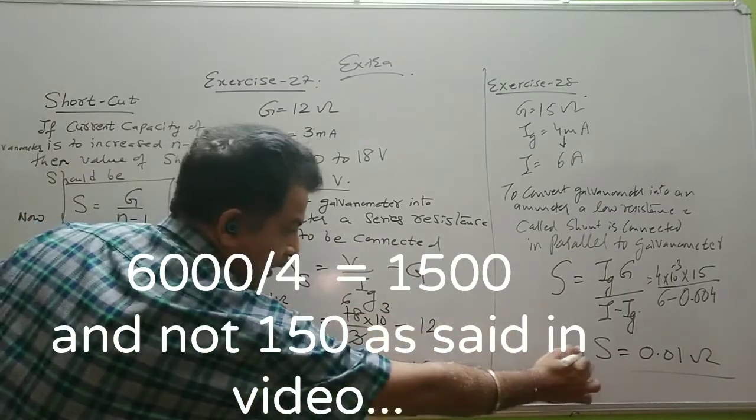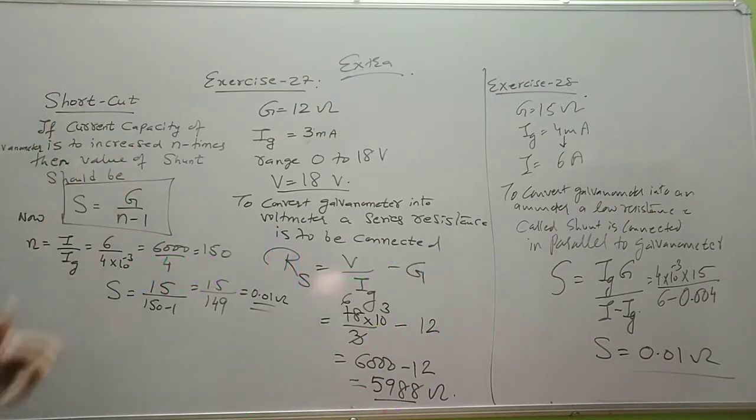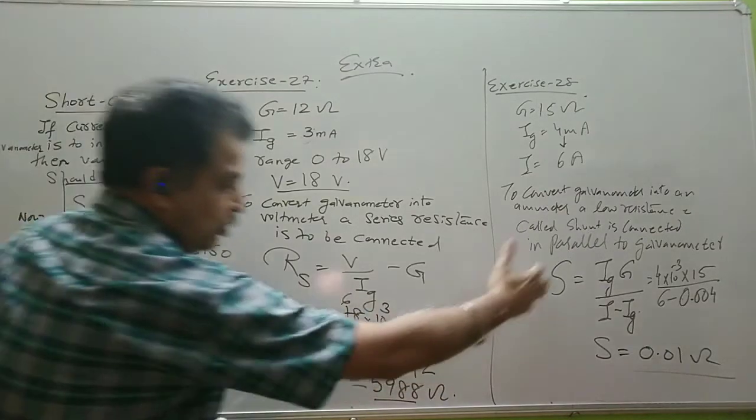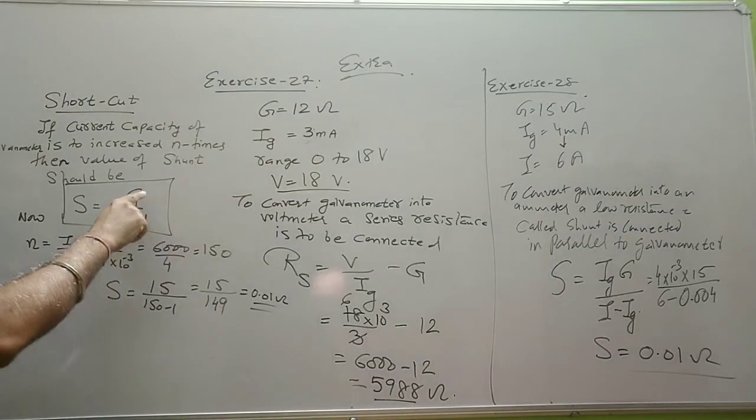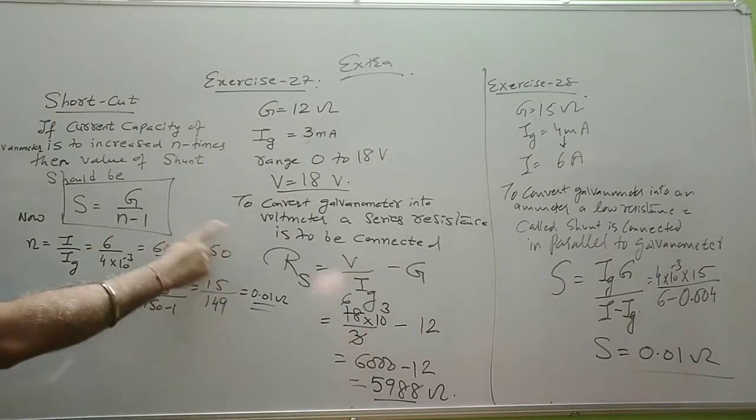So if the current capacity has to be increased n times, instead of doing the long calculation, you directly divide G by n minus 1.